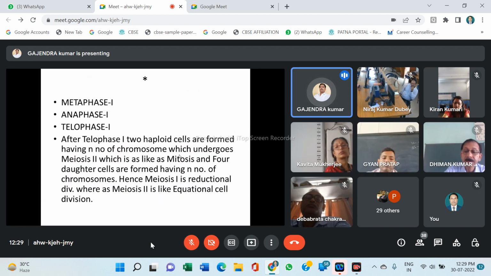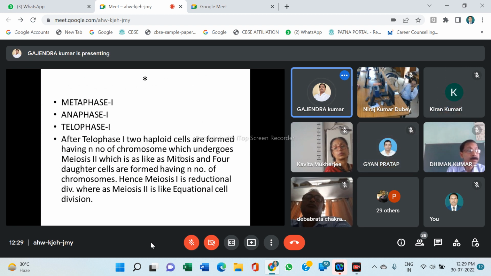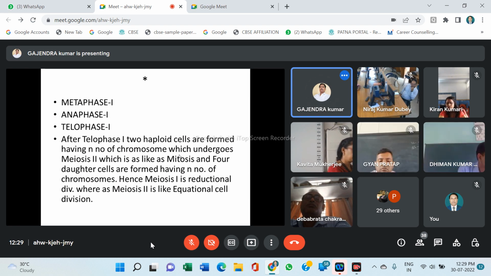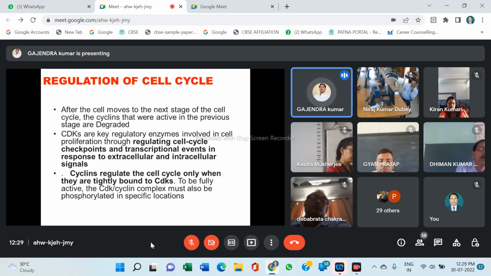Now, this was about cell division, mitosis and meiosis, and now the regulation of the cell cycle. As we observe cell division, one cell forms another cell.